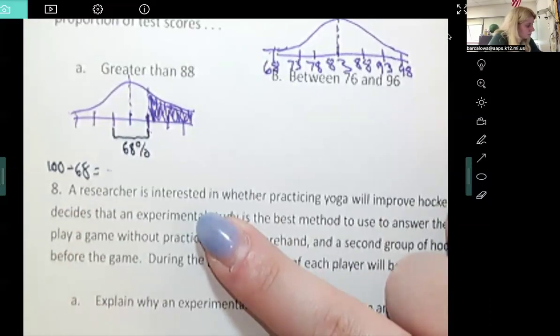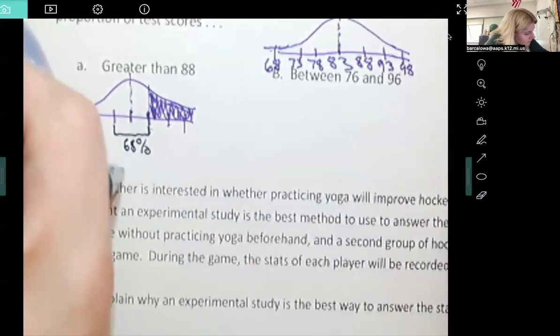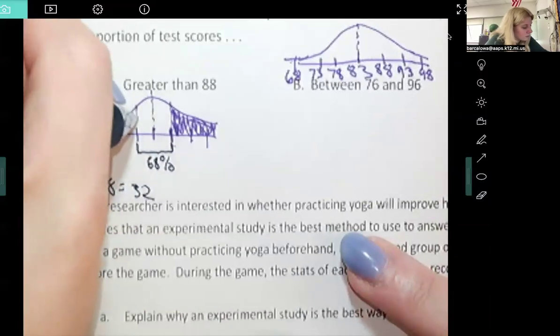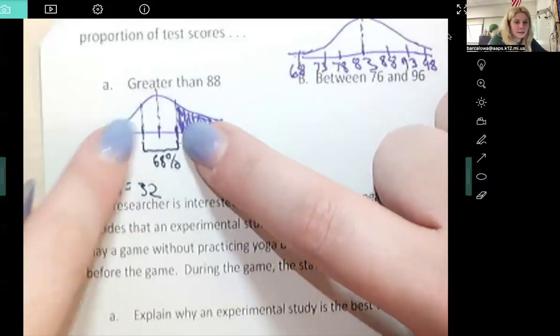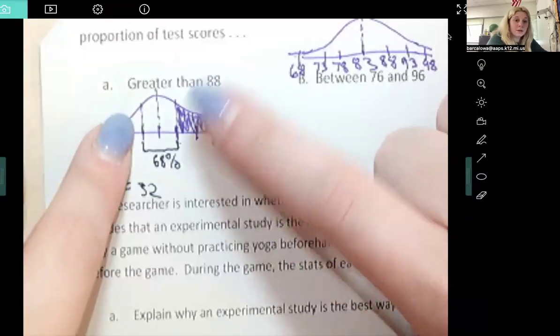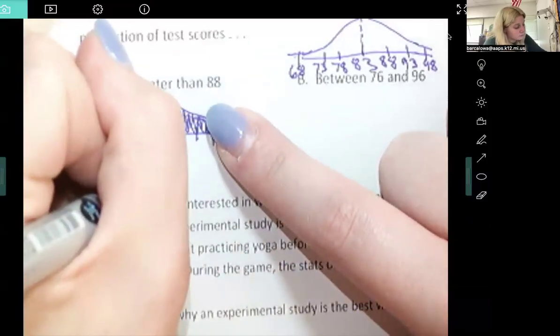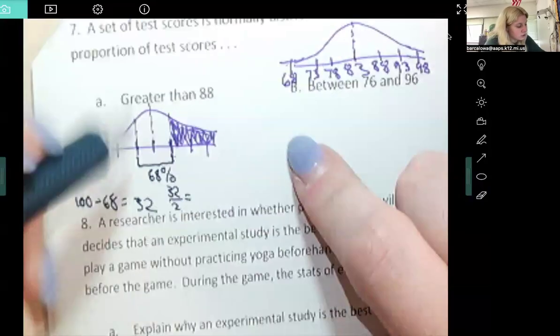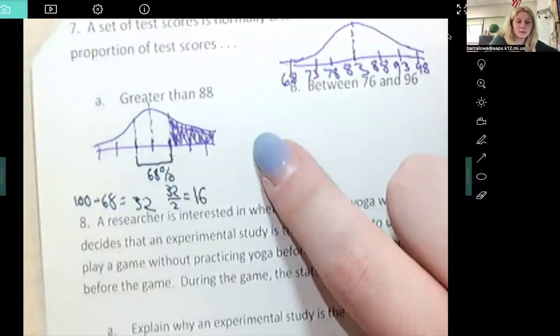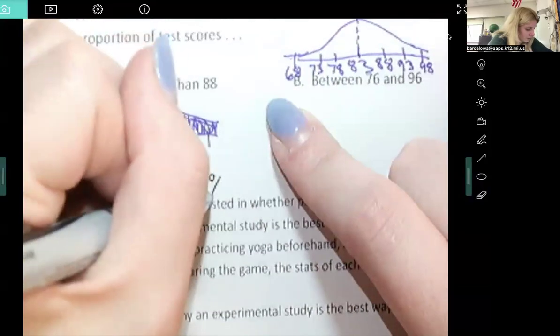What, 32? What am I talking about? Should be 32. But both of these ends together would be 32. Then you can divide by 2 to get just this upper part of 16. 16%.